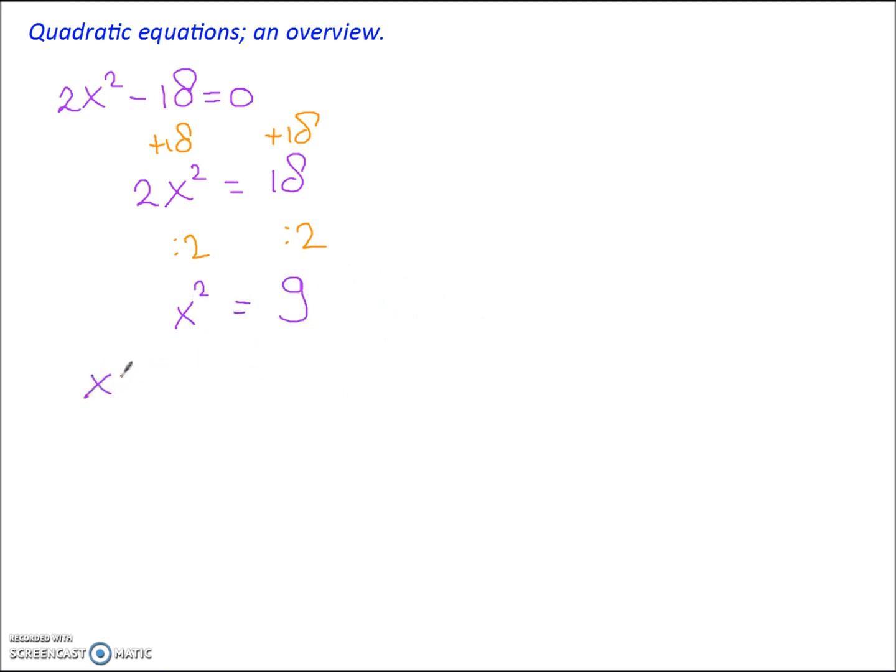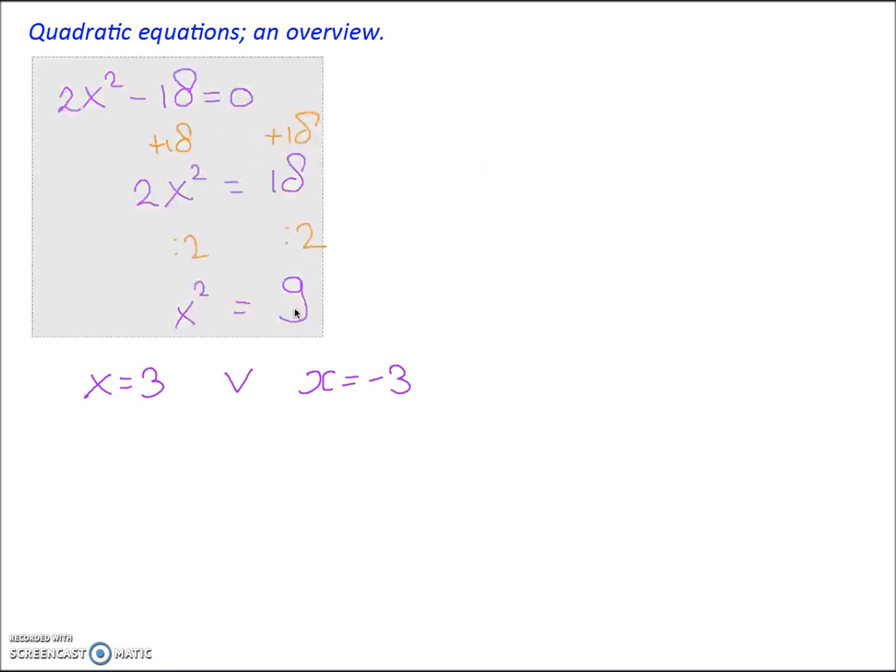That is either x is 3 or x is negative 3, because when I square a negative number, it becomes positive. And you'll come across lots of quadratic equations, and lots of them will have two answers. Some have one answer and some have 0 answers. But we'll address that a little later.